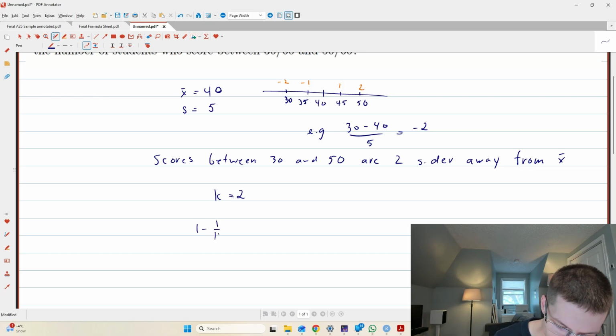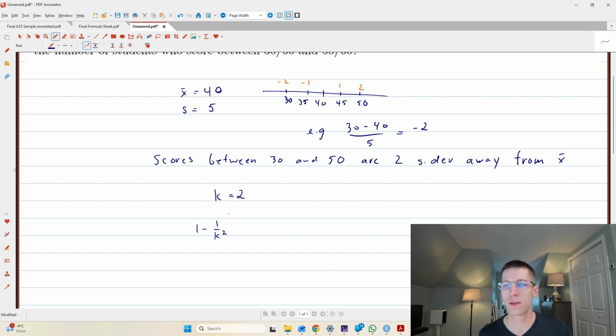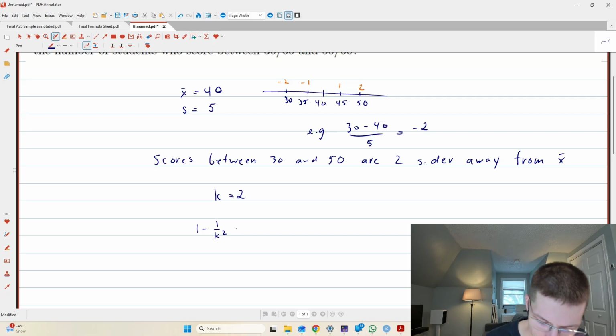1 minus 1 over k squared is at least the proportion of the students within 2 standard deviations of the mean. So that's 1 minus 1 over 2 squared, which is 1 minus a quarter, which is 3/4.